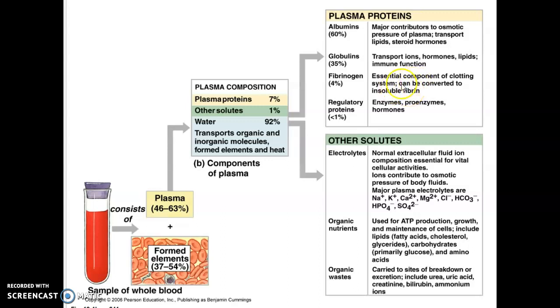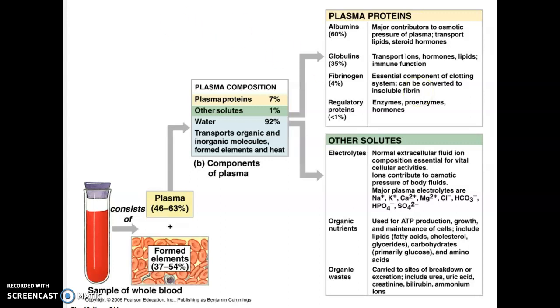Now, there's a cascade of events that does this for us, so it's part of our clotting process that we're going to go over later. But this is extremely important that you understand. Fibrinogen is fluid in nature and is converted to an insoluble form called fibrin to help us clot our blood.